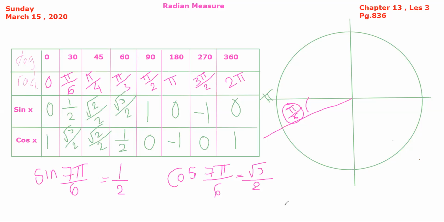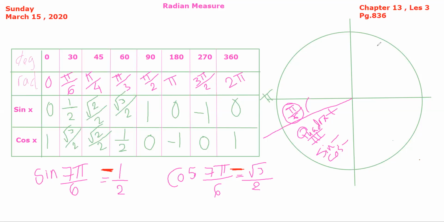pi over 6, sorry. But since this angle 7 pi over 6 is in quadrant number 3, and I told you before that in quadrant 3 both the sine and cosine are negative, because of that here they are negative, and here also it is negative.